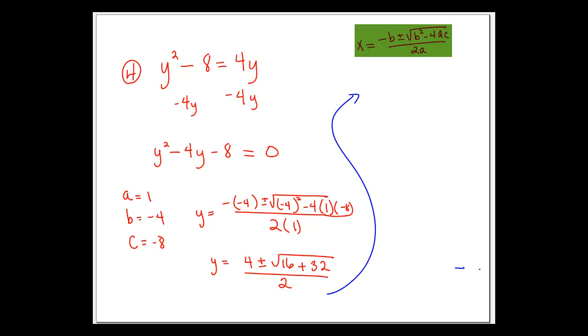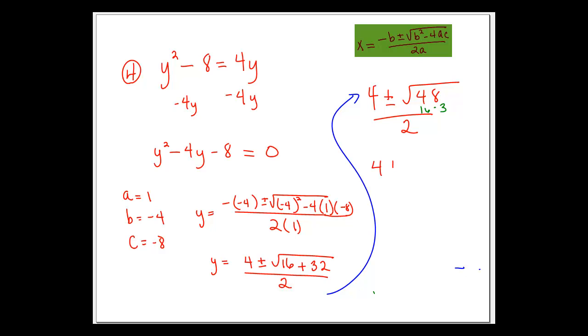Going up here just to finish the problem, we have 4 plus or minus, do what's inside the radical, 16 plus 32, which is 48, all over 2. Again, 48 is not a perfect square, but it can simplify. You can actually break down 48 to be 16 times 3. And if you take the square root of 16, it will come out as a 4.